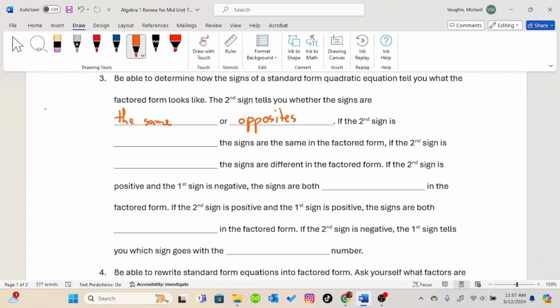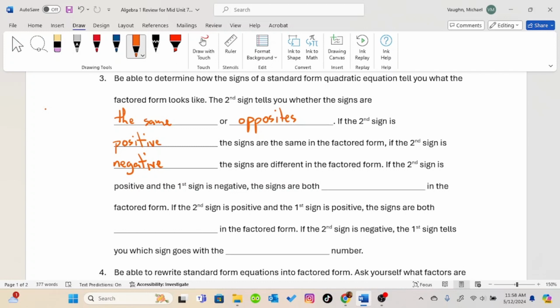If the second sign is positive, the signs are the same in the factored form. If the second sign is negative, the signs are different in the factored form.